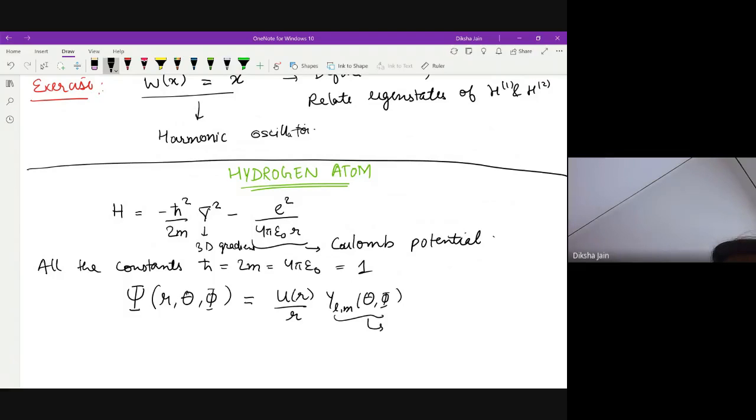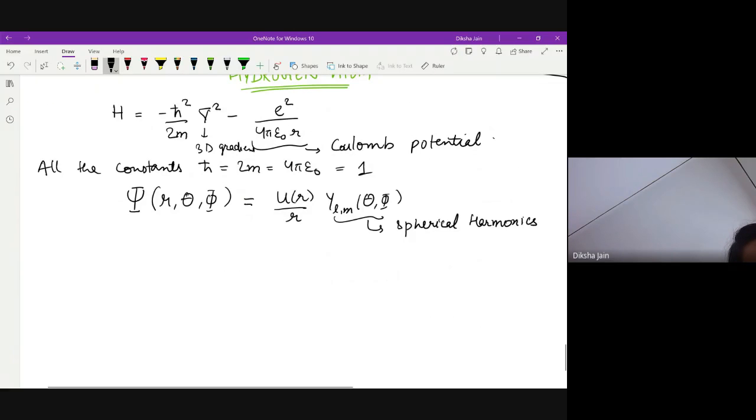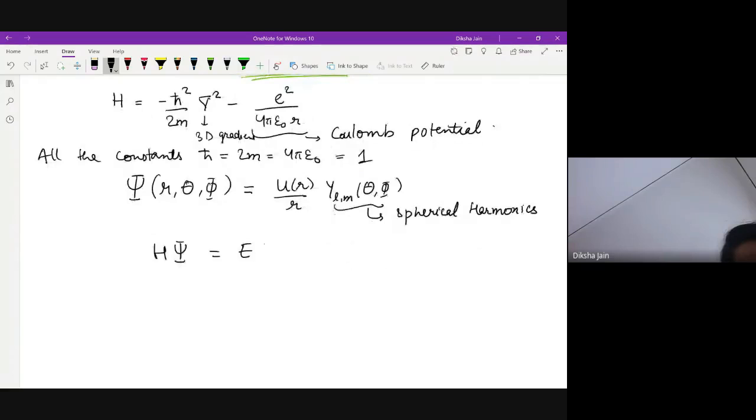These are the spherical harmonics. I hope everybody knows these things. Then the equation H psi equals E psi. If you use this, you will get the following radial equation.